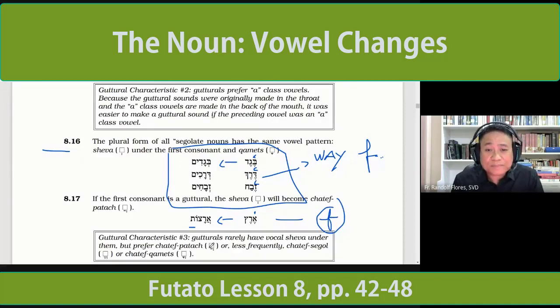Aratsot, not eratsot, because, okay, a guttural like aleph cannot have a sheva under it. Okay? The sheva is not preferred. What is preferred is the khatef sheva sound. So eretz. Now remember that davar, devarim. But once you go to eretz, it is aratsot.